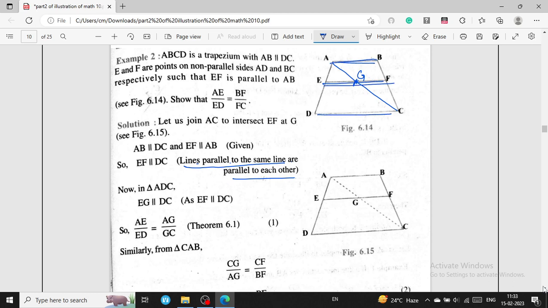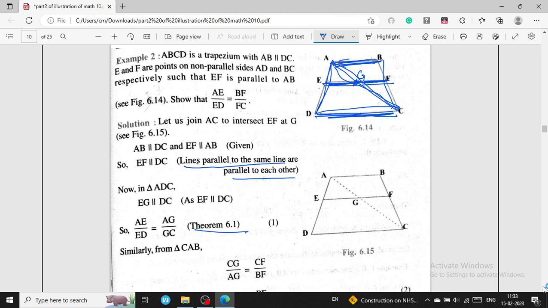So we can say that AE over ED is equal to AG over GC according to the first theorem. Similarly, in triangle CAB, FG is parallel to AB because EF is parallel to AB.